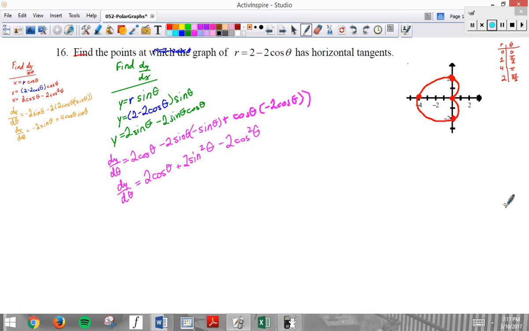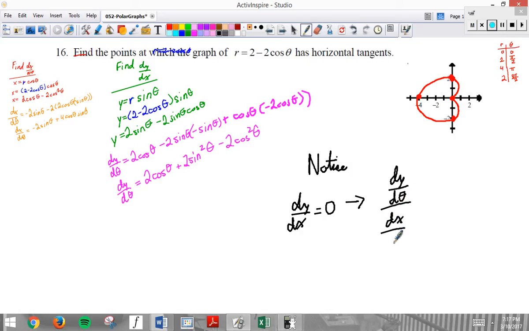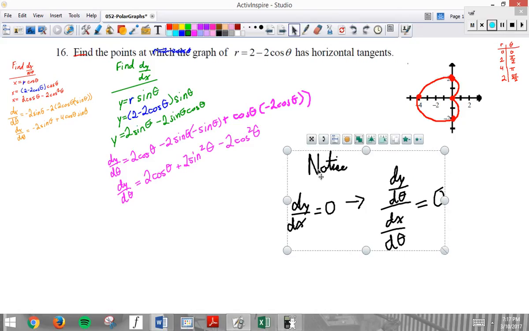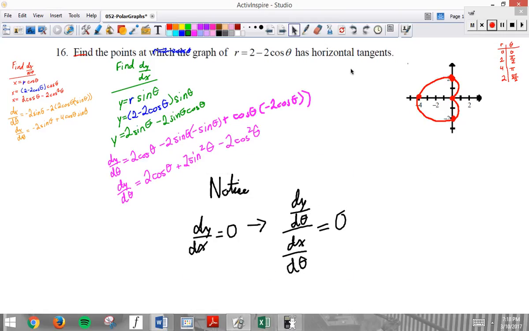Watch this. Notice, dy dx equals 0. We have to use dy d theta over dx d theta. But if we have a fraction equals 0, it means the top equals 0.